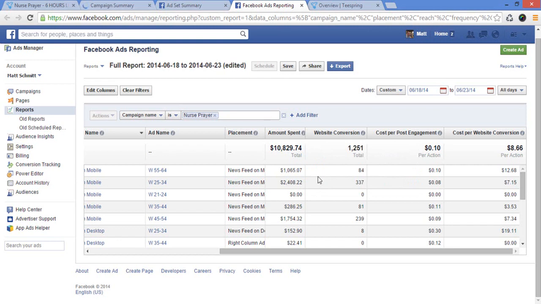So the important thing to note here is that's exactly why we monitor the PPE cost.